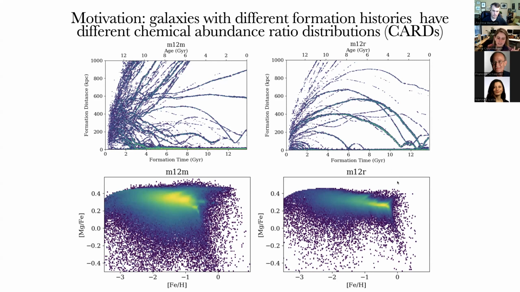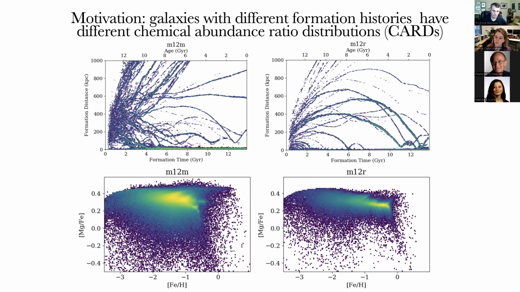We can immediately see that if we look at the abundance distributions for these different Latte halos, they visibly look very different. For example, M12R is characterized by this very late-time recent accretion from very massive dwarfs.